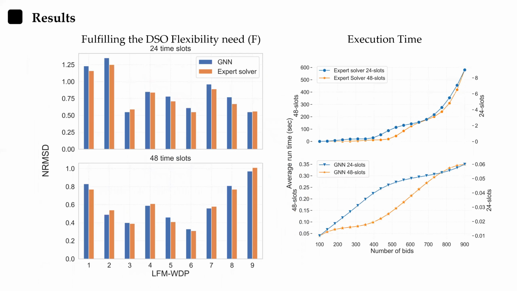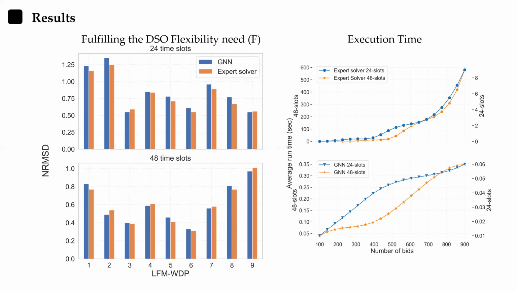The second takeaway is that the model showed linear time complexity of the model's inference time, compared to the expert solver, which has an exponential time complexity, on the plots on the right side of this slide.